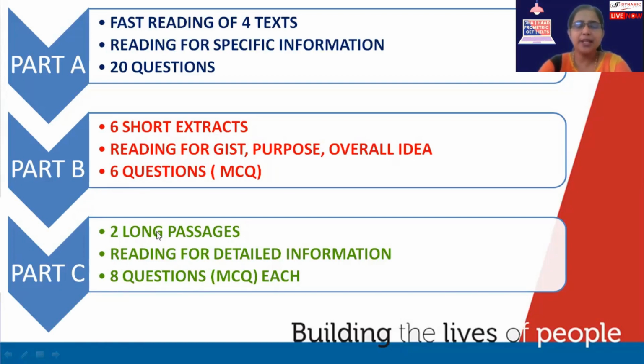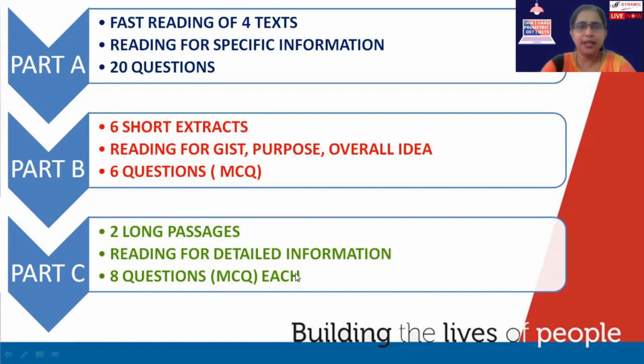In part C, you can see 2 long passages that may be taken from journal articles or textbooks, etc. And here you will be reading for detailed information, and with each passage there will be 8 questions with 4 options as answers.